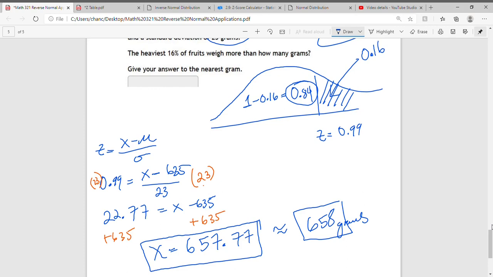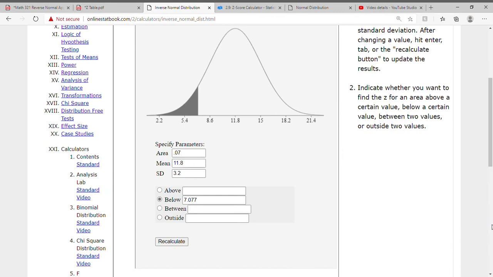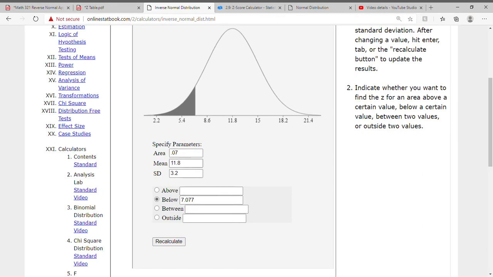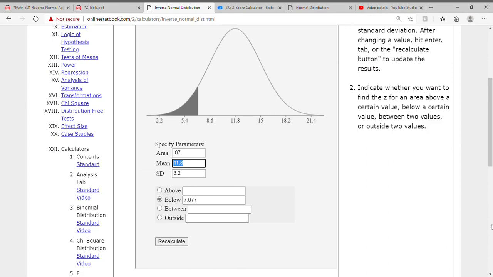Now let's check our work with our inverse normal distribution calculator. The mean is 635. The standard deviation is 23. Now I want the area to the right to be 0.16.